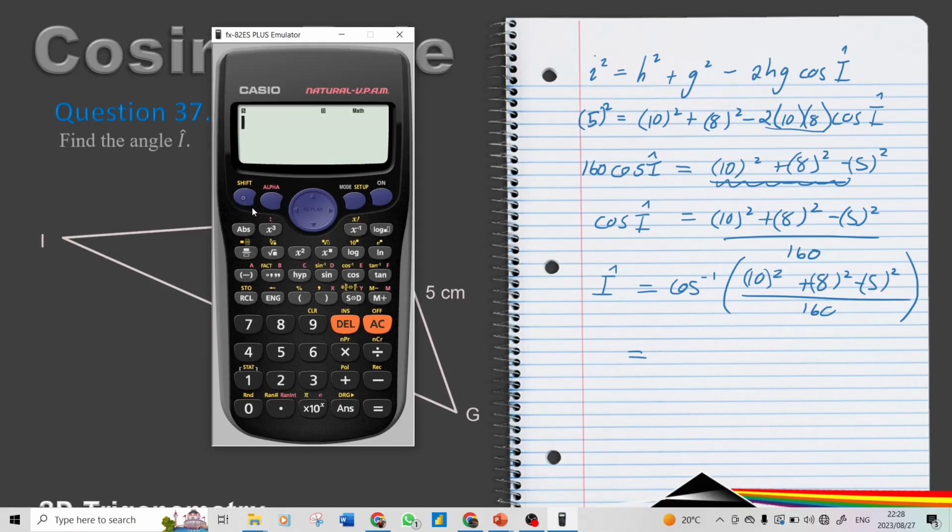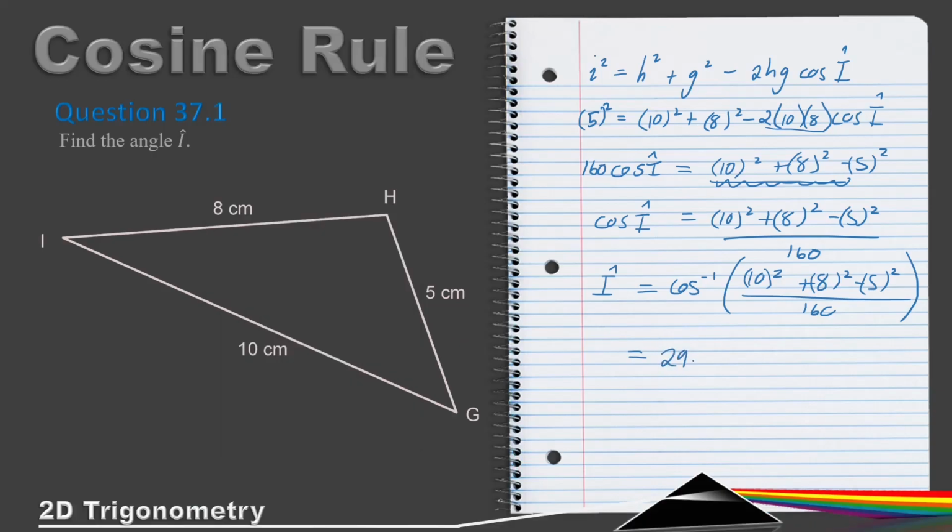Okay, so starting with the inverse of cos, then fractions, then 10 squared plus 8 squared minus 5 squared all over 160. Okay, so that's 29.69 degrees.